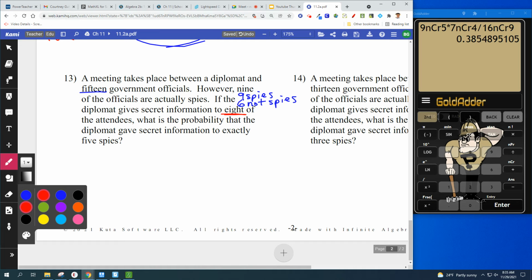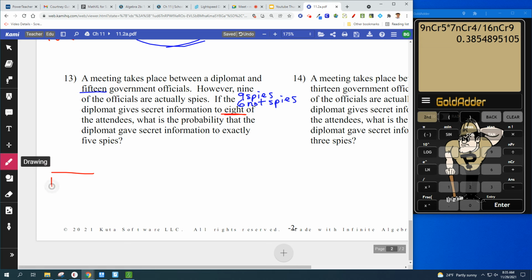So giving it out to 8, we can already tell the denominator of this is going to be 15 choose 8. There are 15 government officials total, and he gave out information to 8 total. That's the denominator. That's the total.